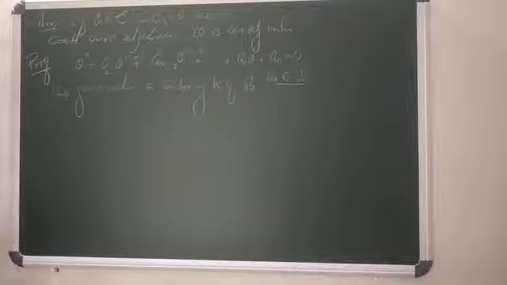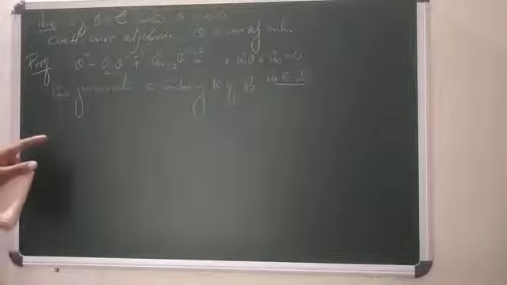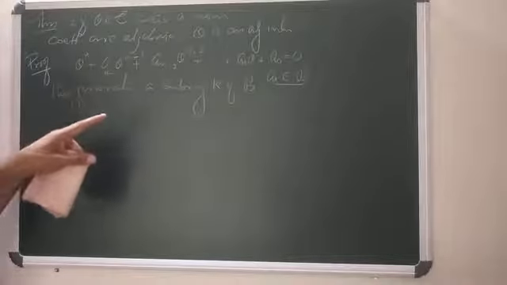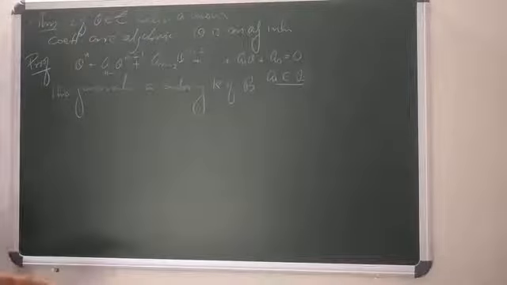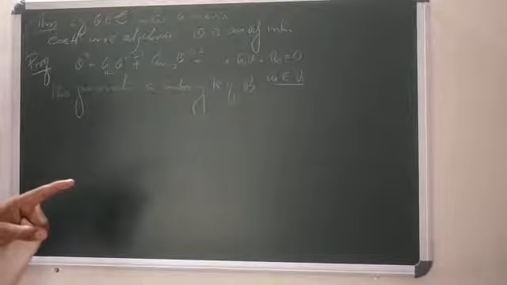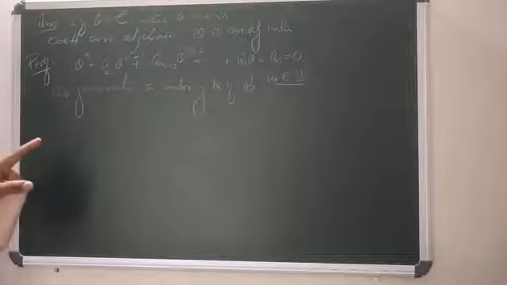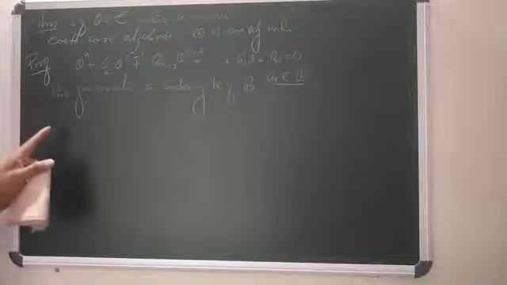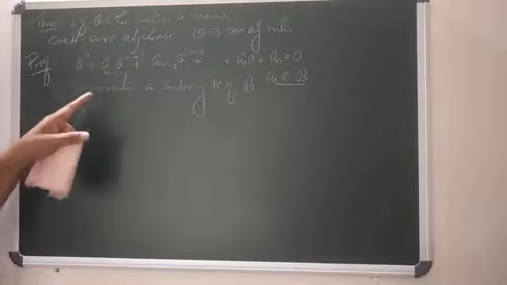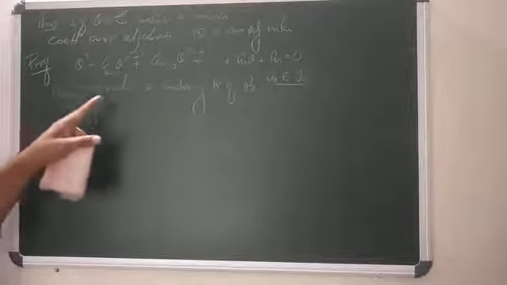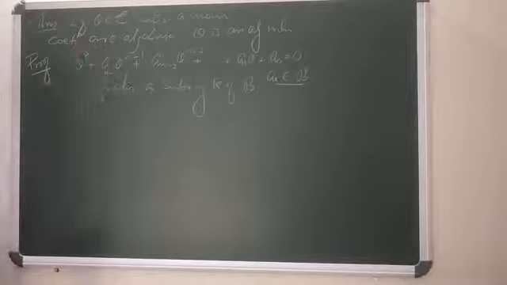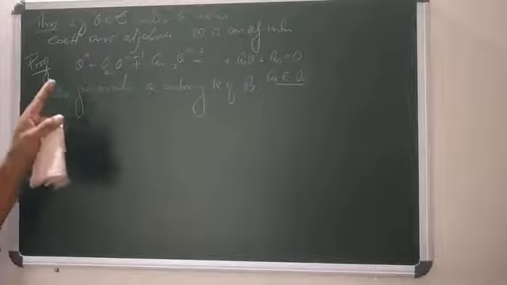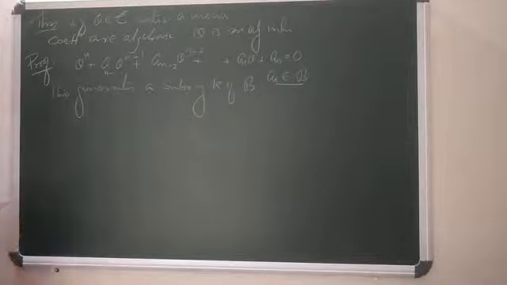But we proved a lemma, that a complex number theta is an algebraic integer if and only if the additive group generated by all powers 1, theta, theta square, etc. is finitely generated.